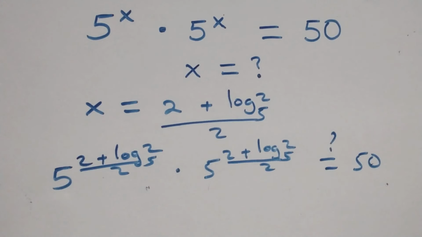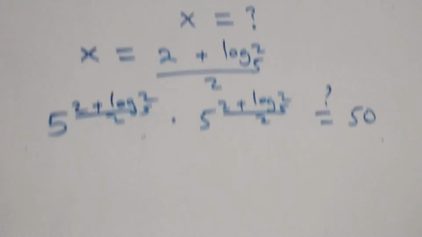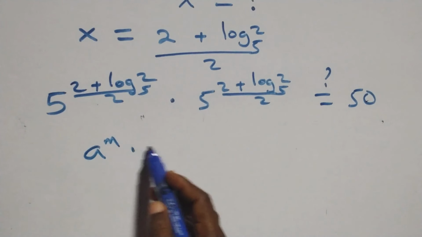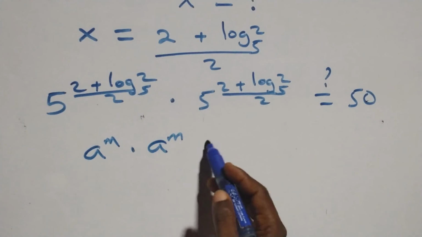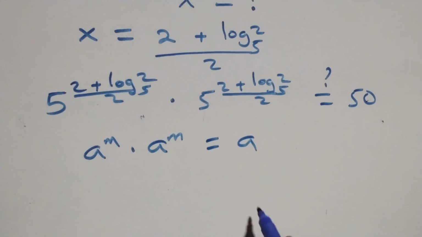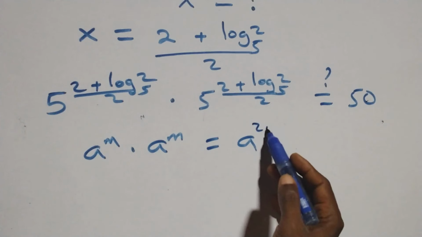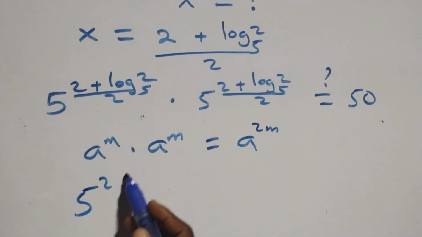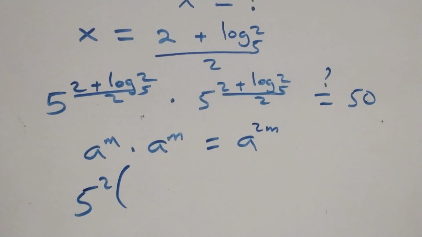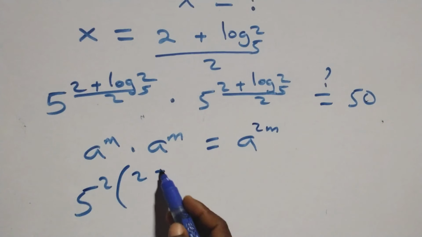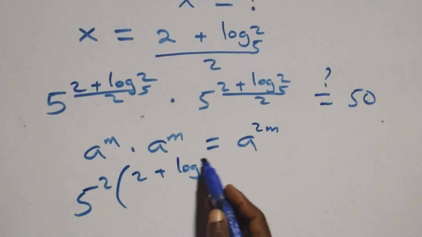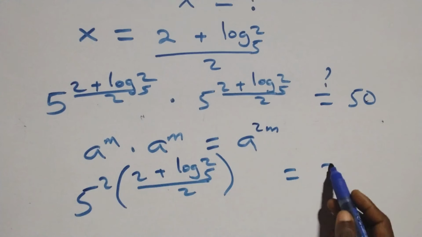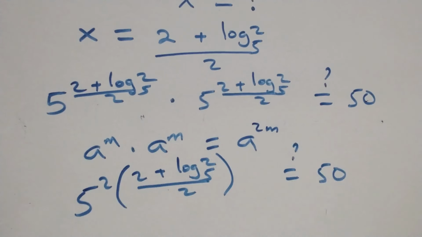That is, here. This follows when same base multiplying, a raised to power n times a raised to power n is the same thing as a raised to power n plus n, which is 2n. This we can write as 5 raised to power 2 times 2 plus log 2 base 5 all over 2 equals 50 on this side.